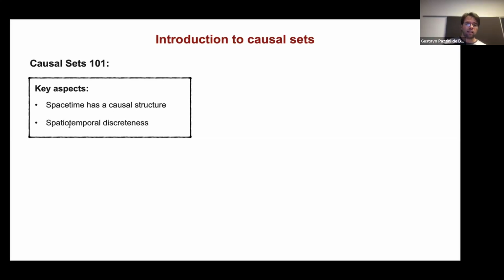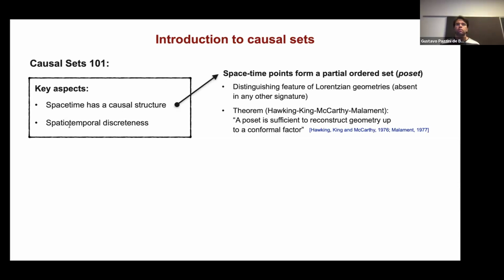And the second one is that there is a fundamental spatiotemporal discreteness scale. And the motivation for the first one is that space-time points, generically, form what we call a partially ordered set, or a poset, in a simplified way. And the idea is that the poset structure, or this causal structure, is a kind of distinguishing feature for Lorentzian geometries.